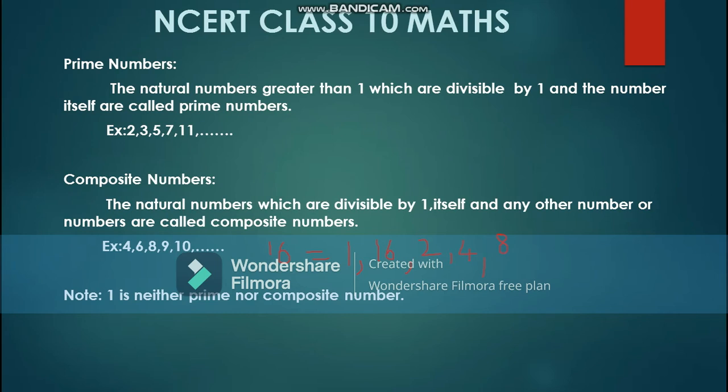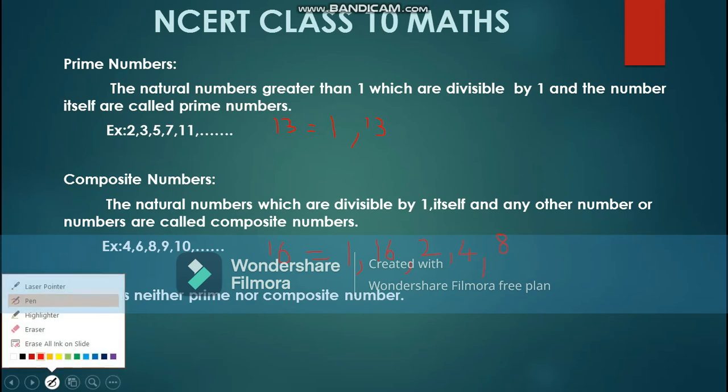So 16 is divisible by 1, itself and other numbers, so it is a composite number. If we take the number 13, 13 is divisible by 1 and itself. So 13 is a prime number. Here 1 is neither prime nor composite.